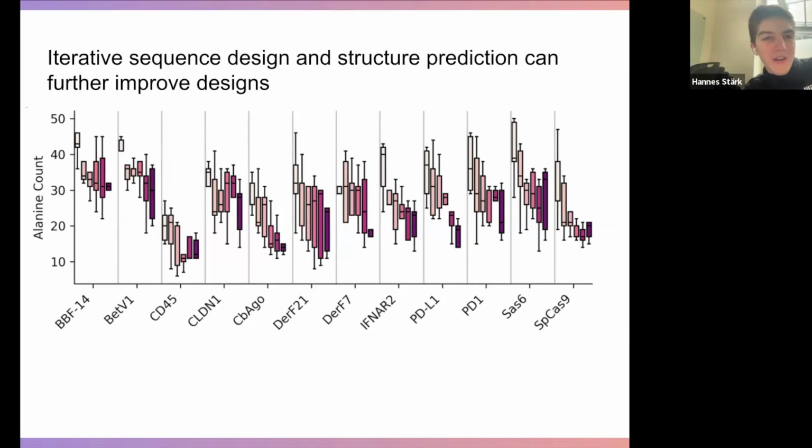So if we have a very helical construct, then there's an alanine bias from the inverse folding model afterward. But then we refold, and then we have a more reasonable looking sequence already, and then the alanine bias is less. And now here you're visualizing how this alanine bias goes down for several different targets over the steps.